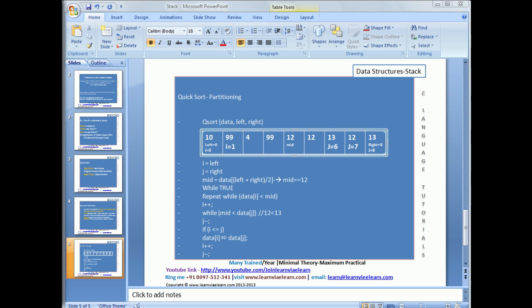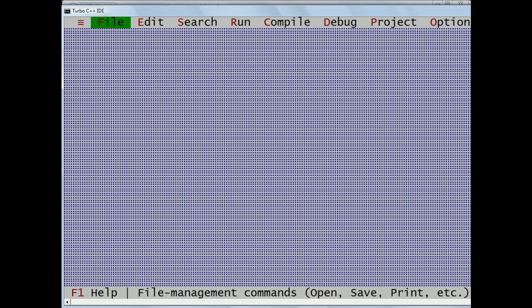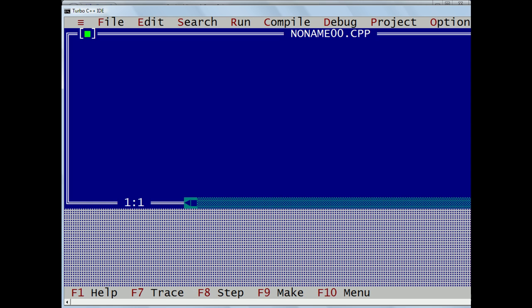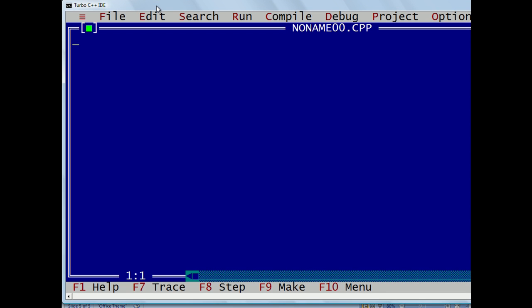Alright, let me take a program. Let me open Turbo C. Let me include our basic header file, and we start with our main function first.